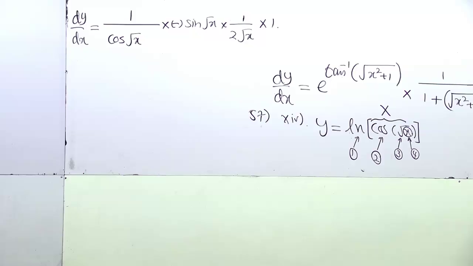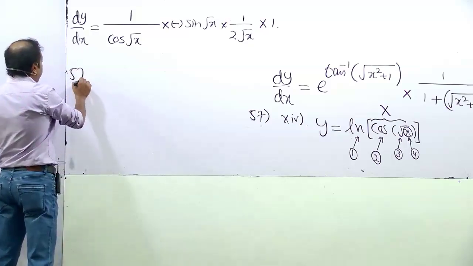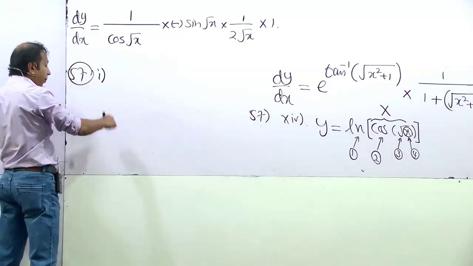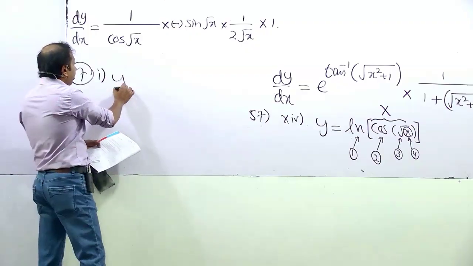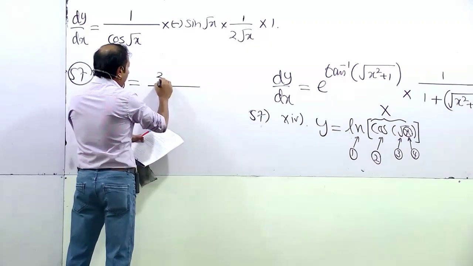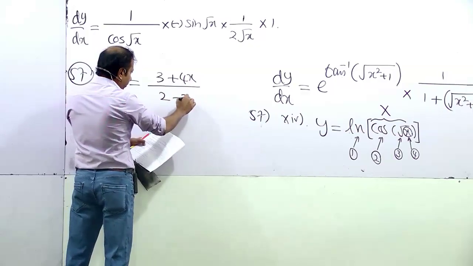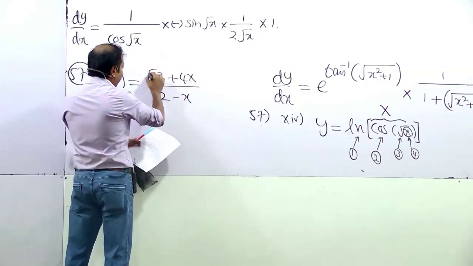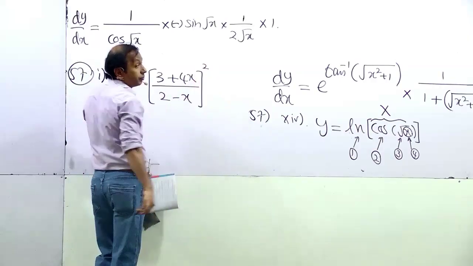Right, now take 57 part 1 as the next. 57 part 1, take y equals 3 plus 4x divided by 2 minus x, whole perfect square.